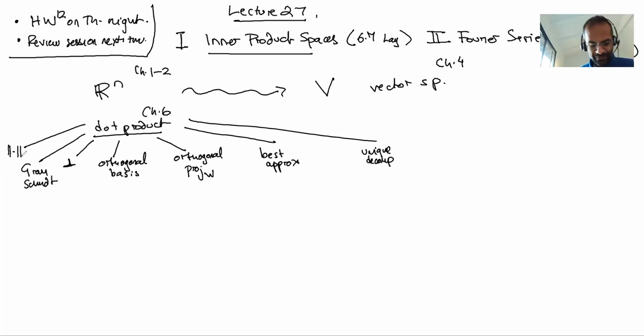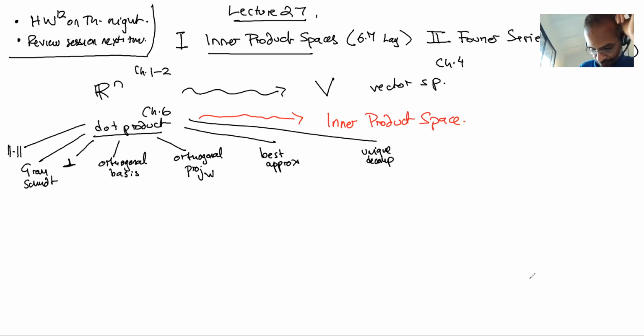There was all this stuff that came out of the dot product. And what we're going to do now is ask, is there some way to generalize the dot product to general vector spaces? It turned out there is, and this is what's called an inner product space. This is going to be like the dot product, but for general vector spaces.